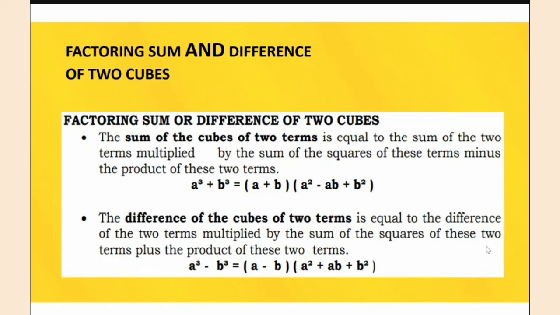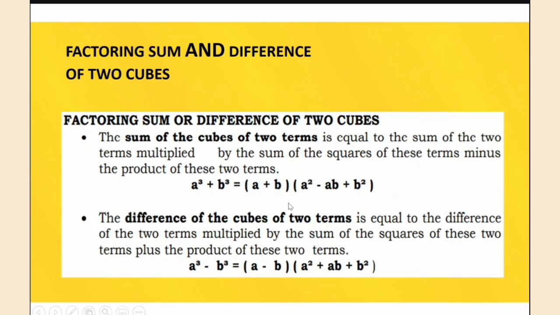So possible na hindi babalik sa dating given or original expression. So how about factoring sum and difference of two cubes? Ganito dapat yung magiging factored form natin. Kapag daw po sum, kapag plus yung given, for example, 3a plus b cube, ay 3 cube plus b cube, ganito po magiging factor niya.